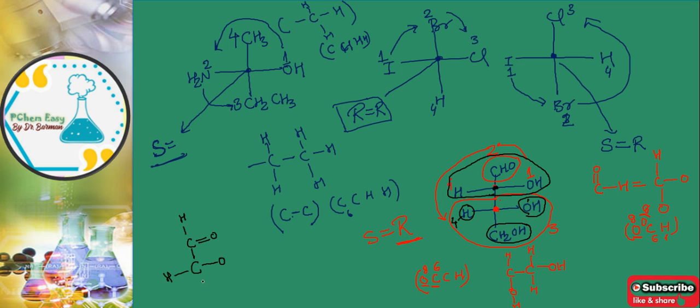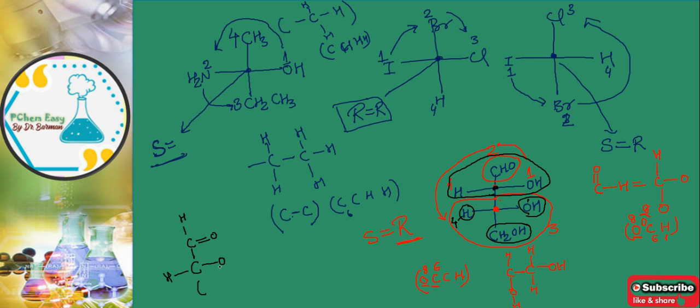Okay, so now we have to arrange on the basis of their atomic number. First we see this carbon and that carbon and oxygen. The carbon here is bonded with oxygen, and this is the difference.